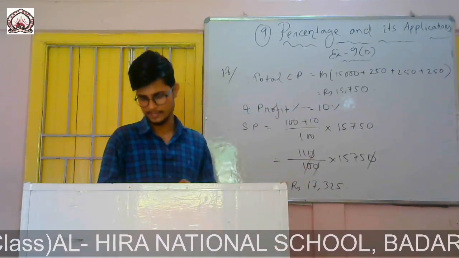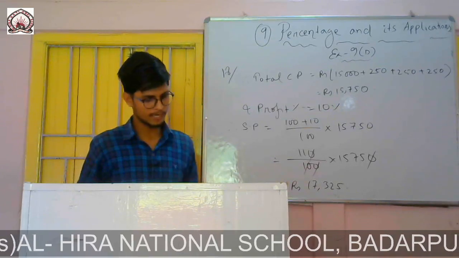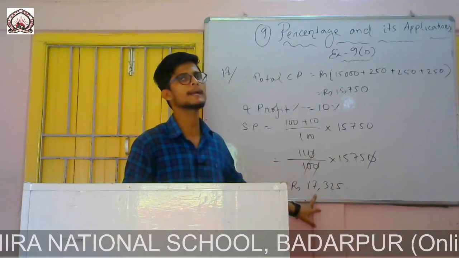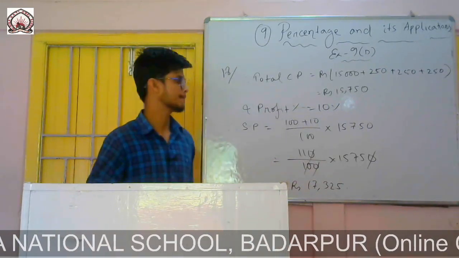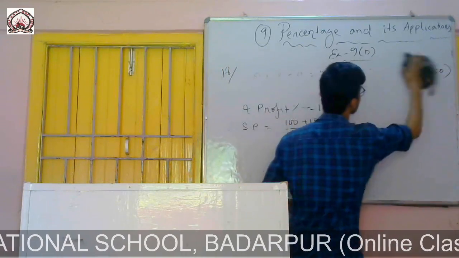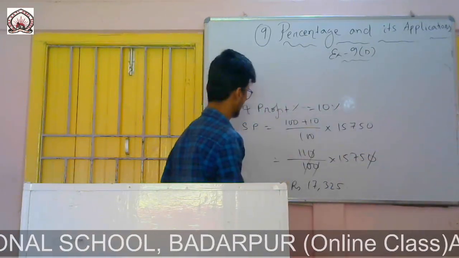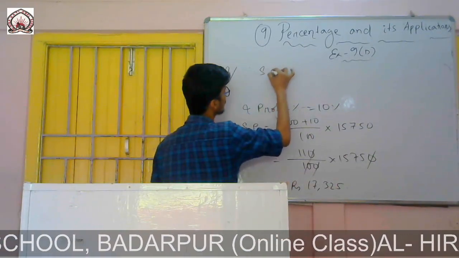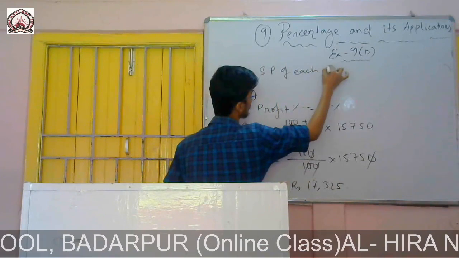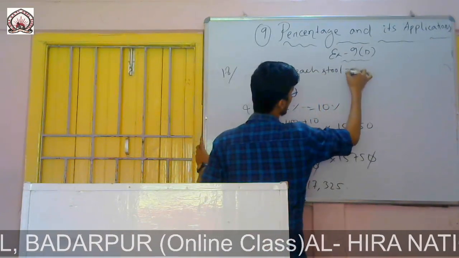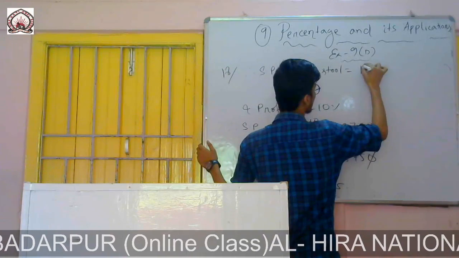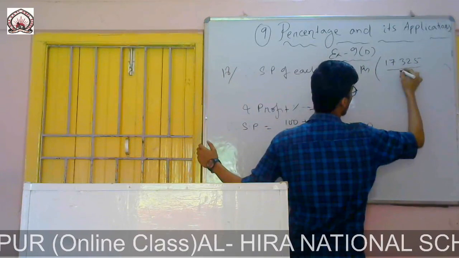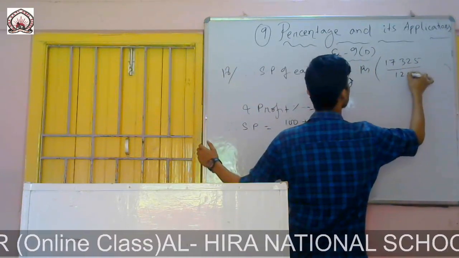So the question is to find the cost of each tool. That means how many tools were there? 125. That means the SP of each tool will be this one divided by 125. Therefore, the selling price of each tool will be equal to rupees 17,325 divided by 125.